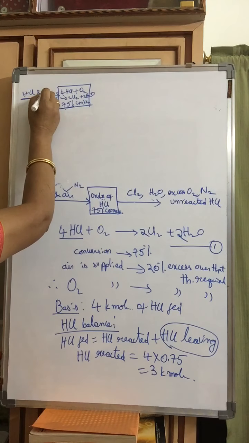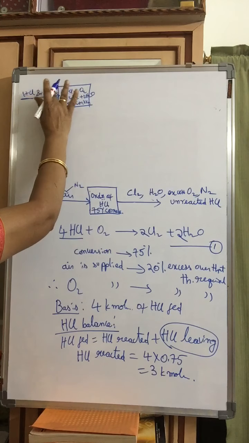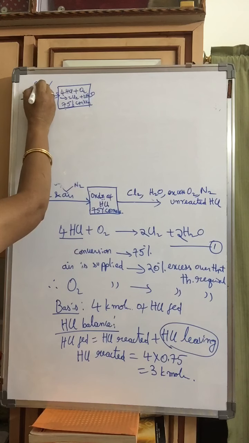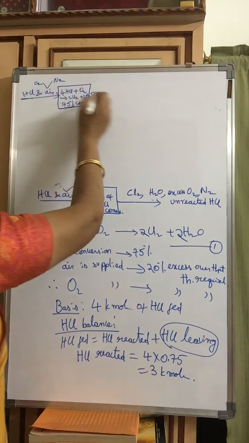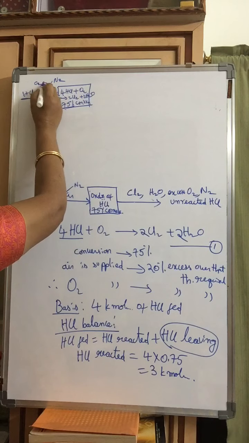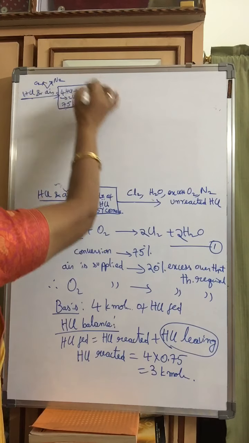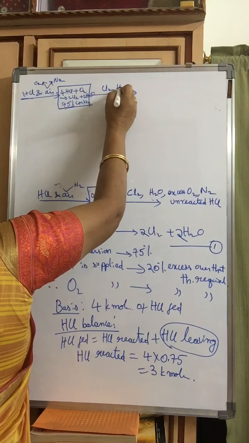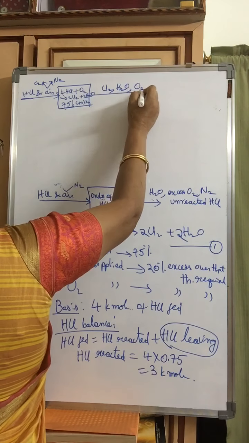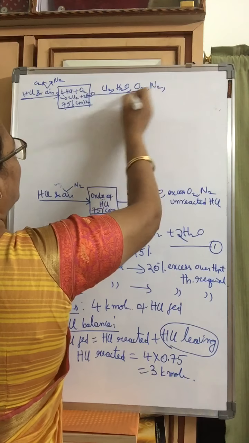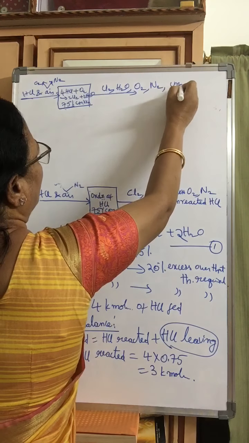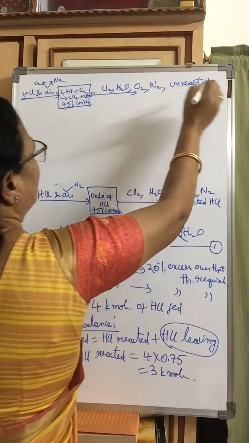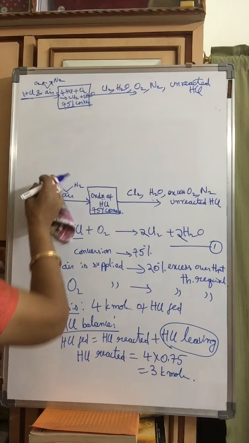HCl and air, oxygen, nitrogen enter. Chlorine, water, oxygen, nitrogen, then unreacted HCl leave. So that is the diagram.